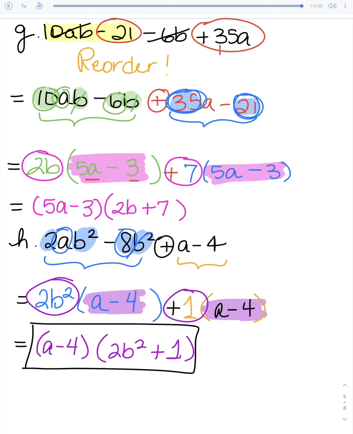Factoring by grouping, though, is only used if you have 4 terms. So in the next section, what we're going to look at is what do you do when you have only 3 terms? We'll look at something that's called the AC method next.